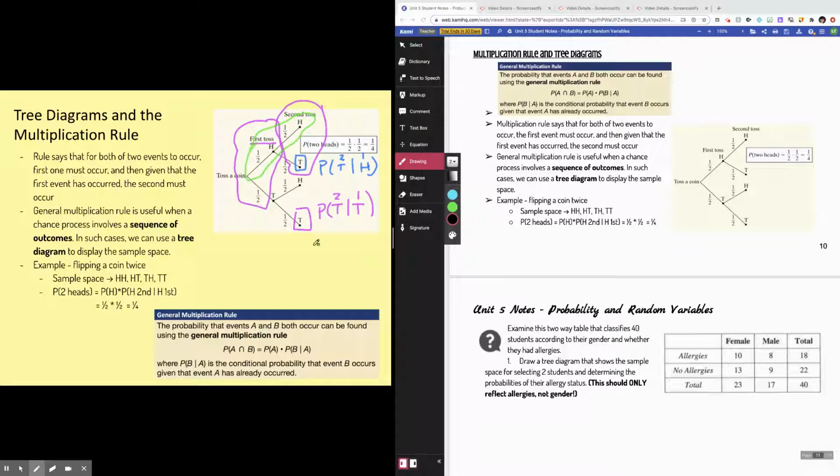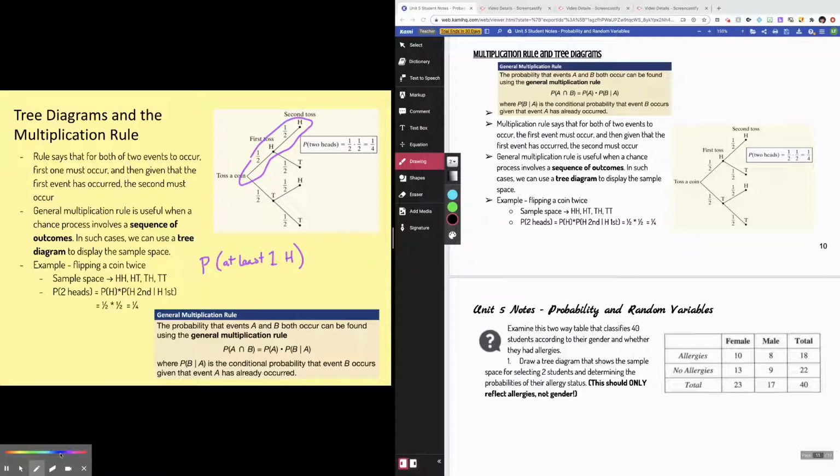Now, let's say the question had instead asked, what's the probability of getting at least one head? Well, there are multiple paths that could lead to that. There's this path with two heads, so that's at least one head.